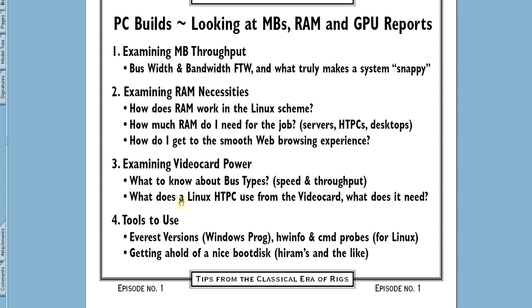Now, let me go back to this question. What does a Linux home theater PC use from the video card, and what does it need? What I've seen in my own evaluation of using XBMC is that this is true with Linux. This is the gap between proprietary and open source, that it really doesn't use a lot of the capabilities of the video card.